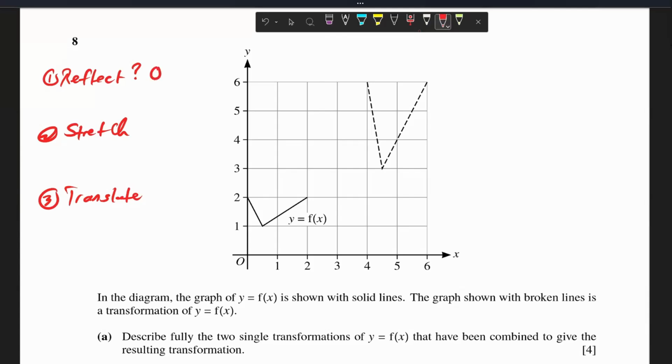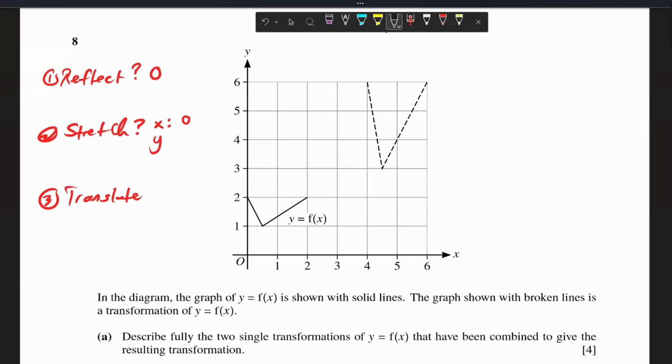Next, I'm going to check for stretches, and I'll start with the ones that are parallel to the x-axis, right? So x-axis and y-axis. Now, if you look at the horizontal width of the original function, which is 2 units, and the width of the other v, I think you can see that they are both 2 units, which means that there are zero horizontal stretches happening here.